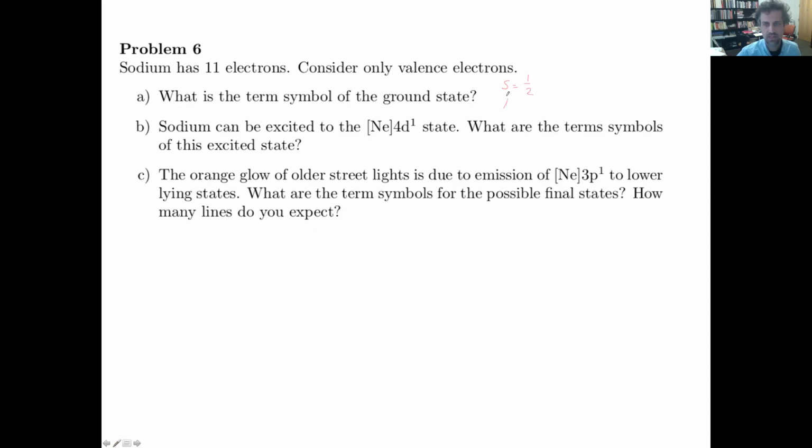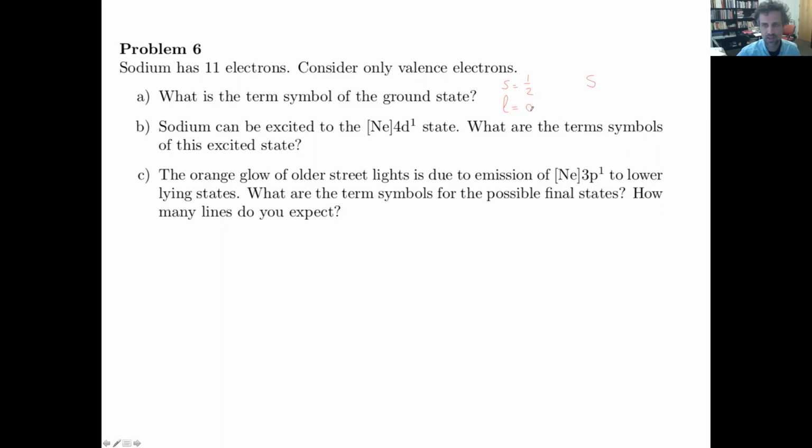And this electron is in the S orbital, which means L equals 0. So that means that I can make combinations of S and L to find the total momentum of the particle. But since L is 0, there's only one possibility, right?